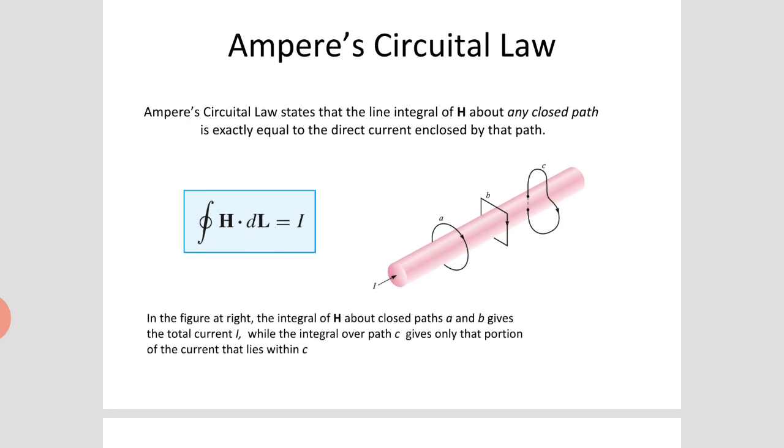Ampere's circuital law states that the line integral of H, the line integral of magnetic field intensity about any closed path, is exactly equal to the direct current enclosed by that path.